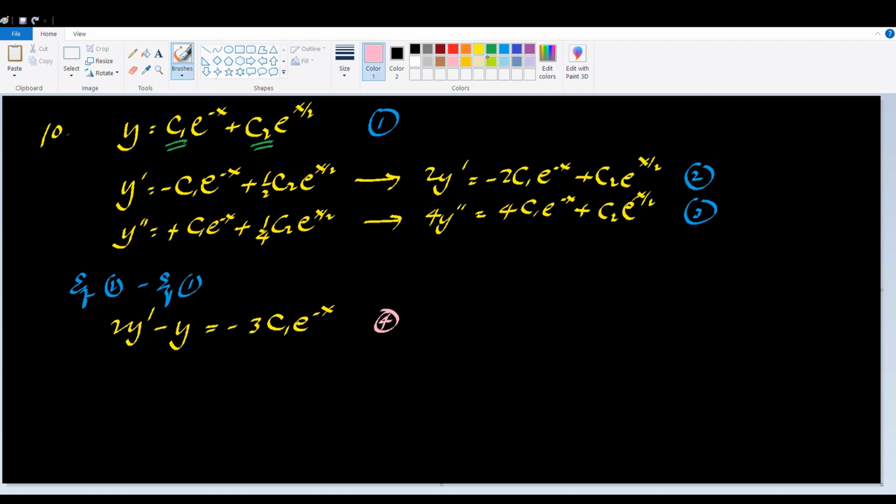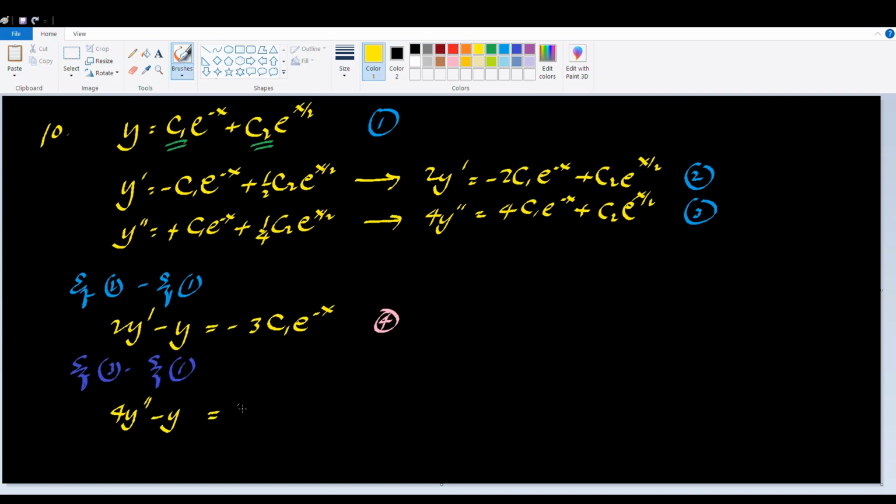Next, equation 3 minus equation 1. The purpose is again to eliminate C2. So 4y double prime minus y is equal to 4c1 e to the minus x minus c1 e to the minus x.